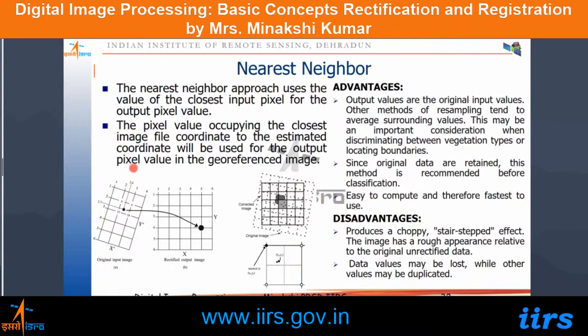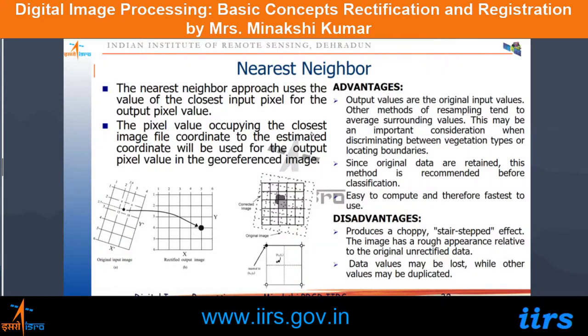In the input image, it is either column 2 or column 3, either row 2 or row 3. There is no row as 2.7. So the nearest would be rounded off. So 2.4 will become 2, 2.7 will become 3. So 2, 3, the value is 15. That 15 value will be taken and placed here. So this is the nearest neighbor approach.